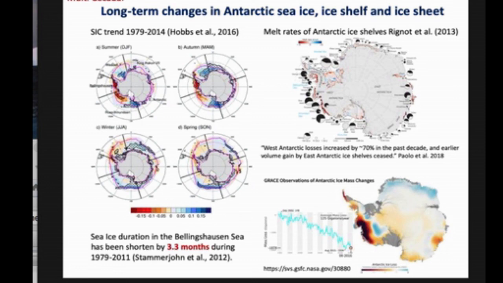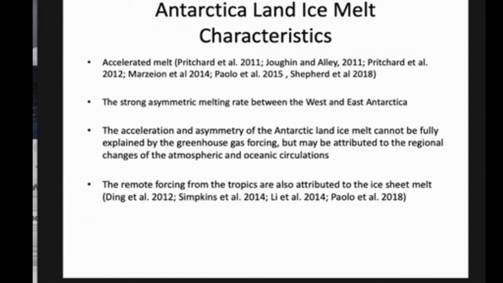So the question is, here we have a few notes I want to mention before we say the next step. Antarctic land ice melt has two very distinct characteristics. One is accelerated melt: it's melting faster in recent decades.